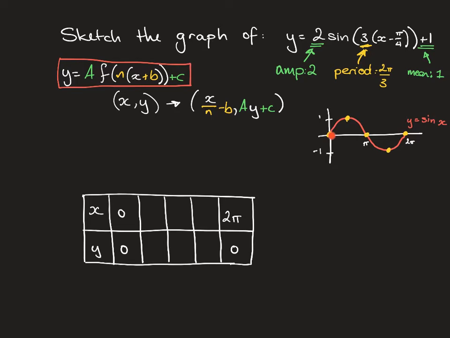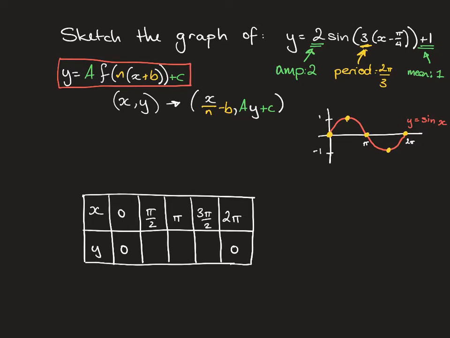So the first point is 0, 0. So I've got 0, 0 here. Our end point is 2 pi and 0. So 2 pi and 0. And from there we can fill the table in. Halfway between 0 and 2 pi is the value of pi. Halfway between 0 and pi is pi on 2, and this one's 3 pi on 2.